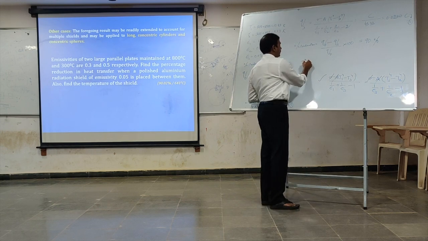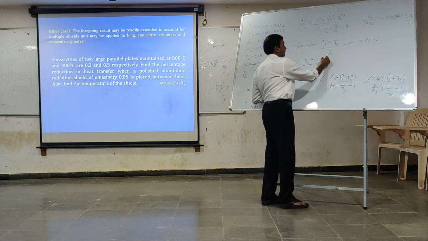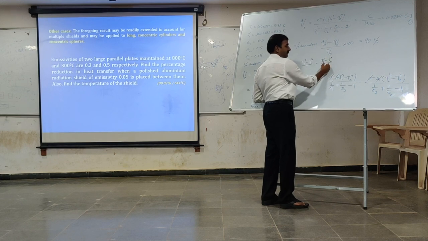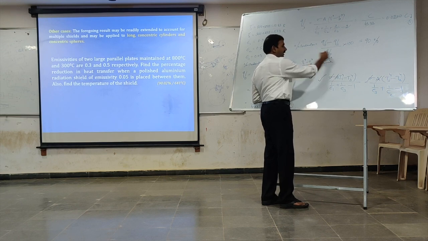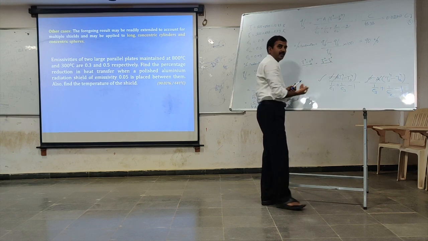T1 to the power of 4 minus Ts to the power of 4, divided by some value we get here, is equal to Ts to the power of 4 minus T2 to the power of 4, divided by some value. You cross multiply and bring Ts to the left side, all others to the right side.